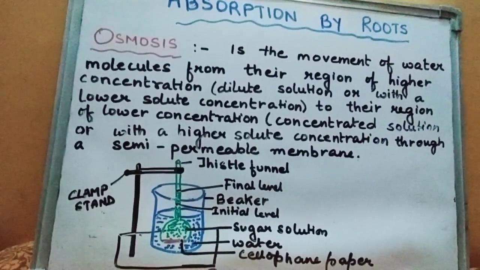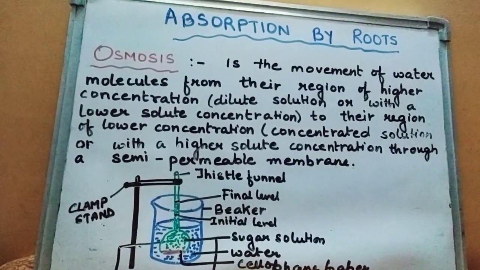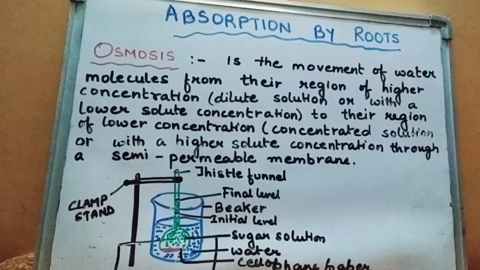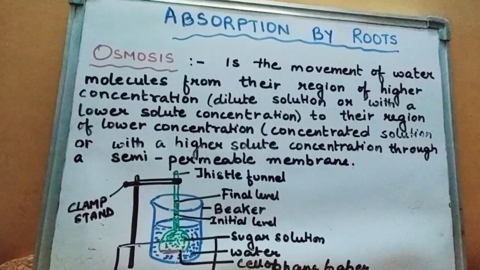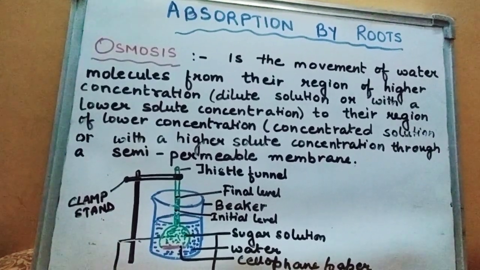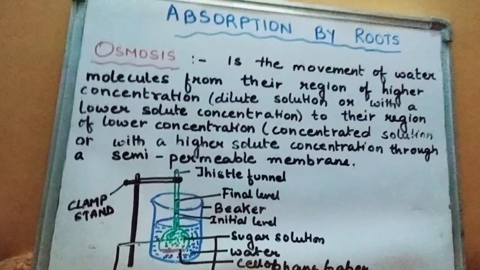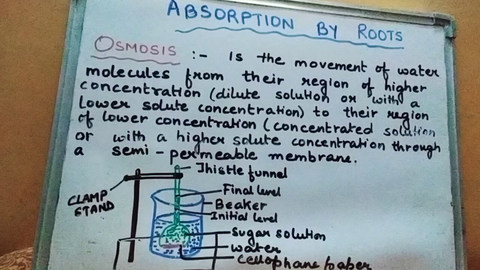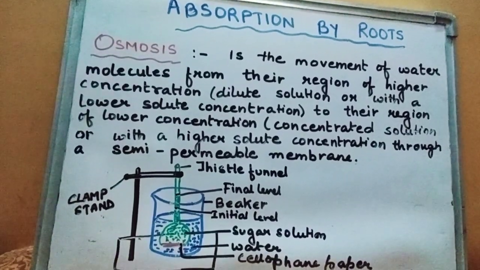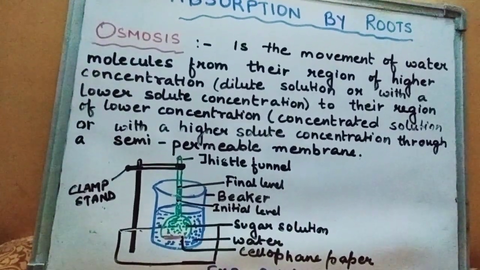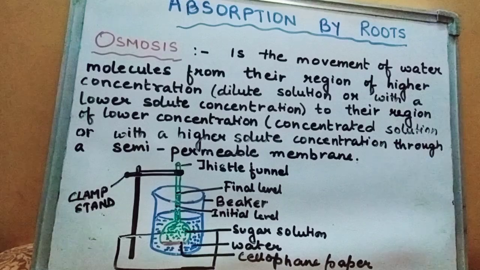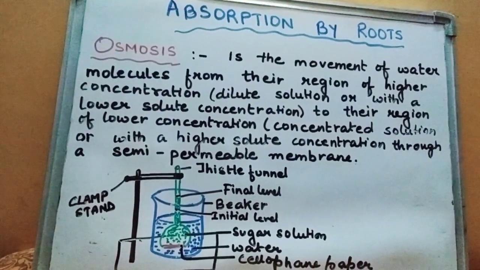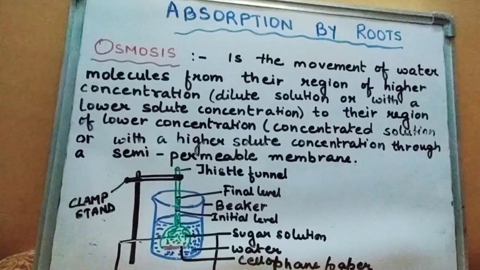In this way, the examples are set on the basis of the tonicity of a solution and the movement of the water molecule, whether it is inward movement or outward movement of the water molecule. Remember, whichever definition of osmosis you are writing, you have to mention the semi-permeable membrane. If the semi-permeable membrane is missing in the definition, whether it is osmosis, exosmosis or endosmosis, your answer will go wrong.